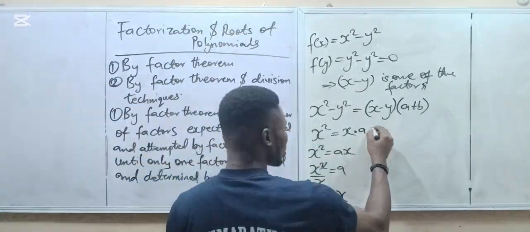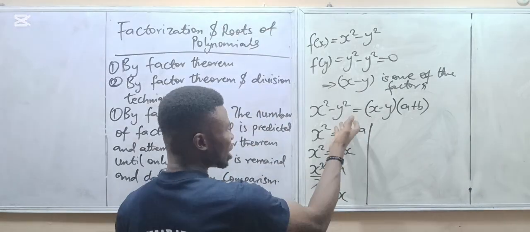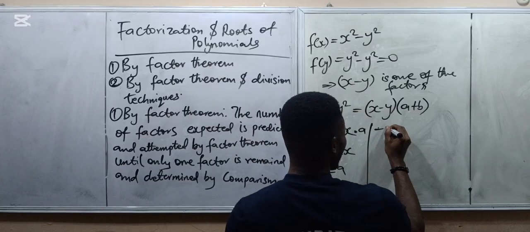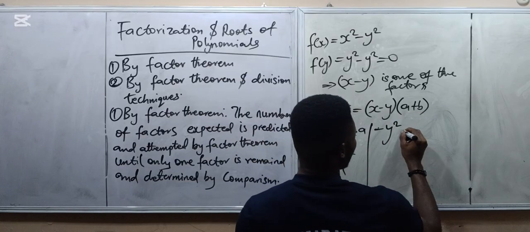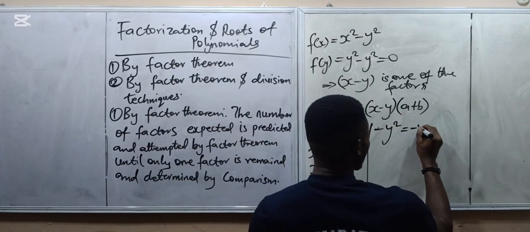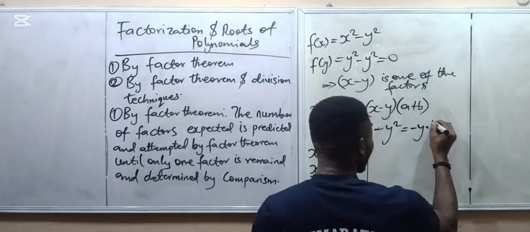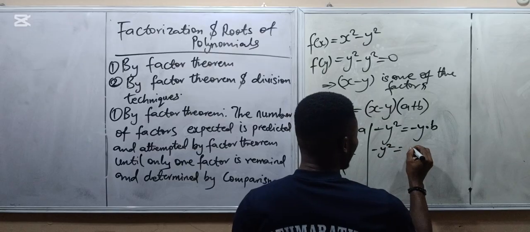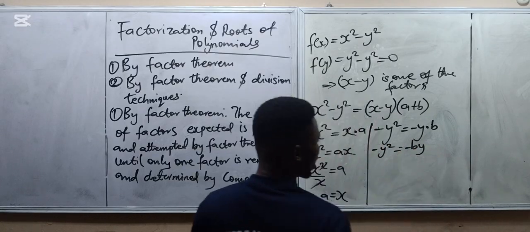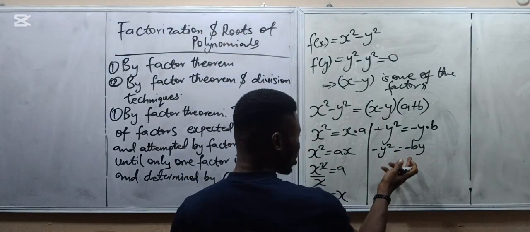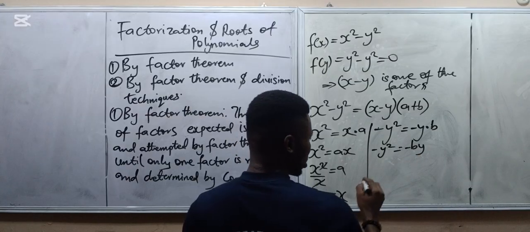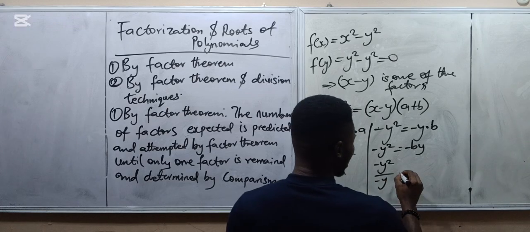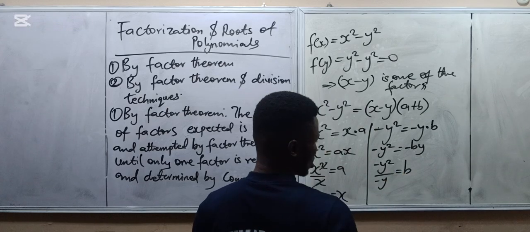Now, to get b, we compare the last part of this equation with the last part of the factors. That is, minus y squared is equal to minus y multiplied by b. This gives us minus y squared is equal to minus by, right? Now to get b, we divide both sides by minus y. That is, minus y squared divided by minus y is equal to b.